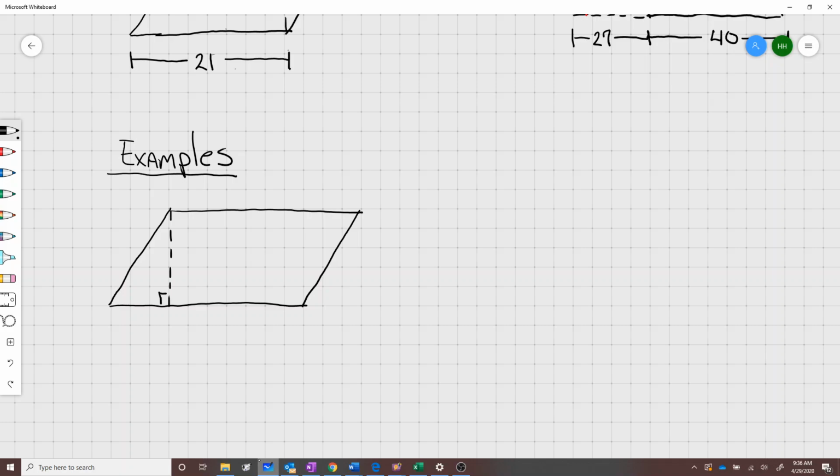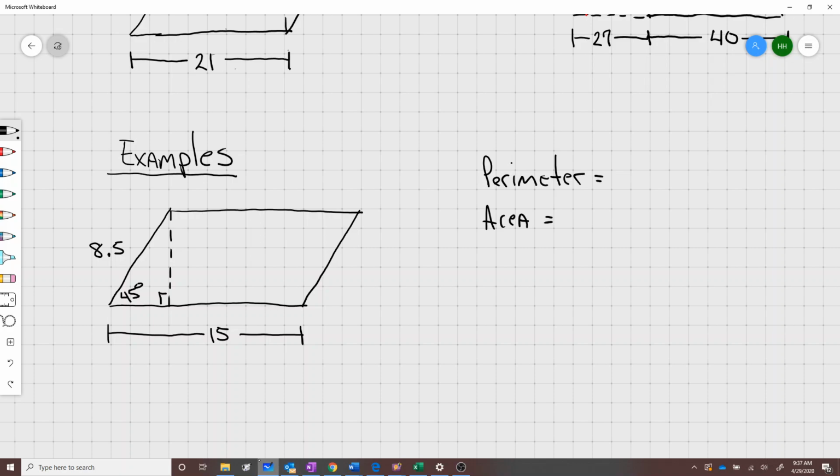We've got a side that's 8.5. We've got this base down here that is 15. And we've got a 45-degree angle right here. And we're going to find the perimeter and the area.